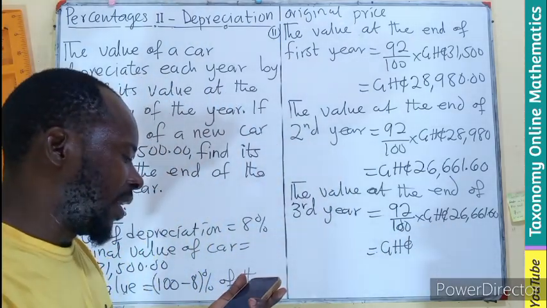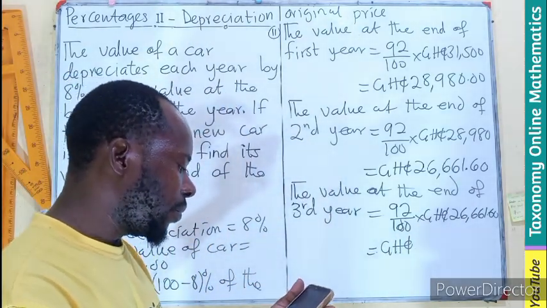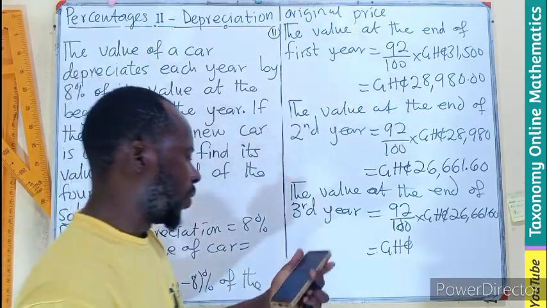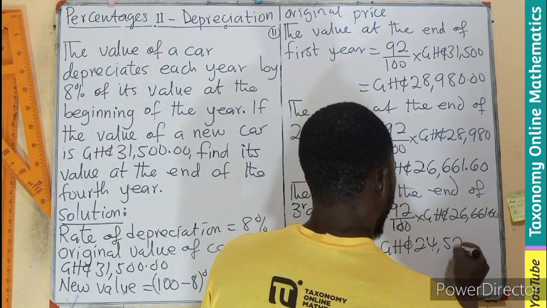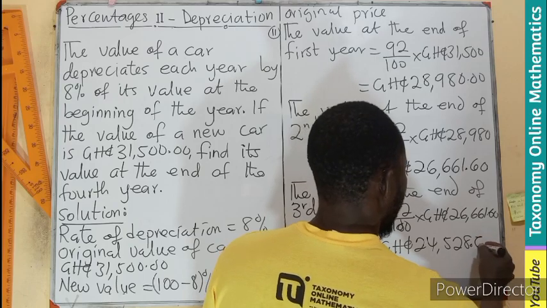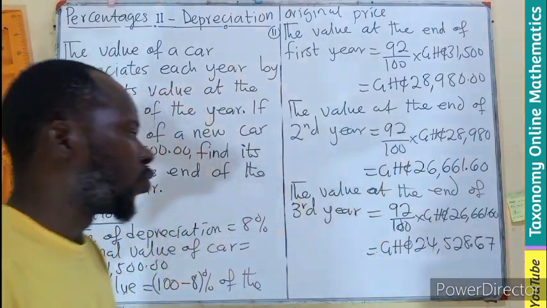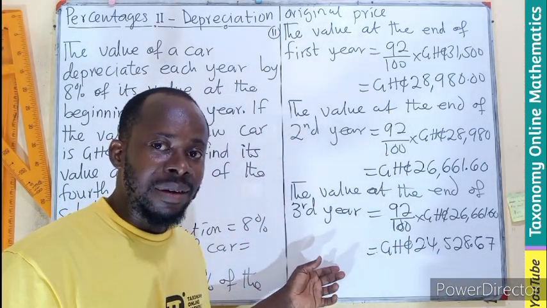Let's do that arithmetic and see. And that will leave us 24,528.67 pesos. We are still at the third year.